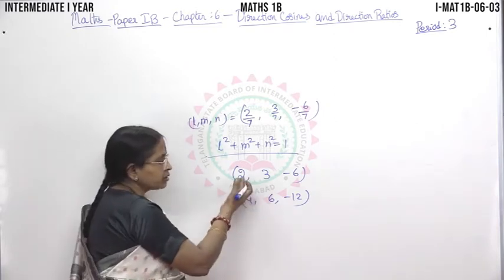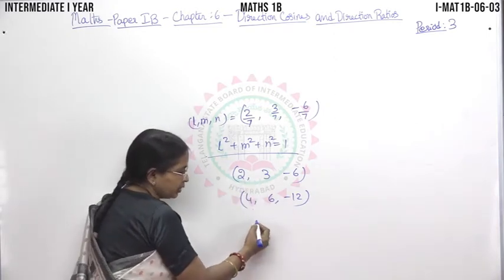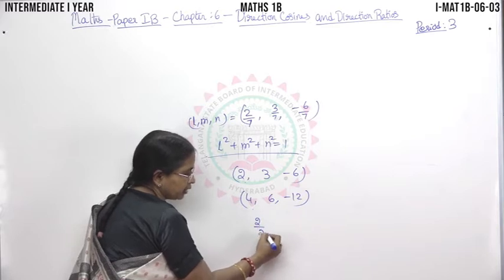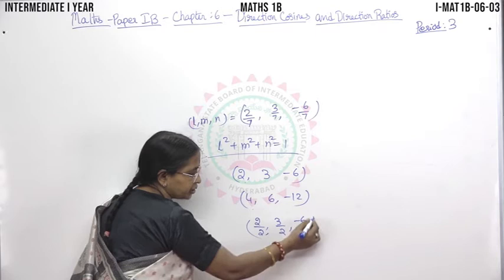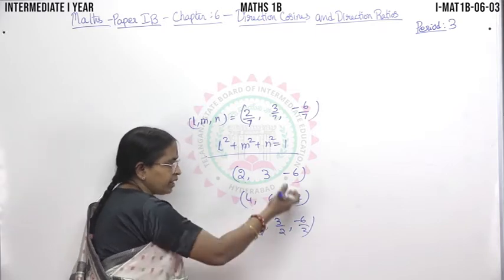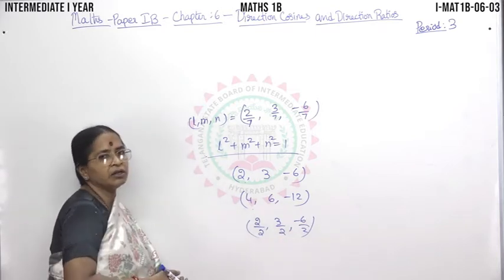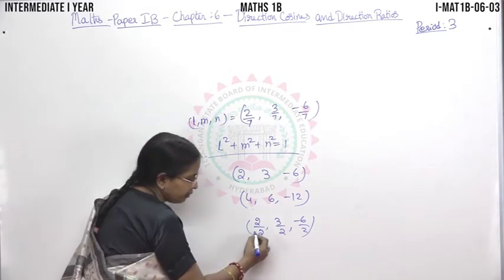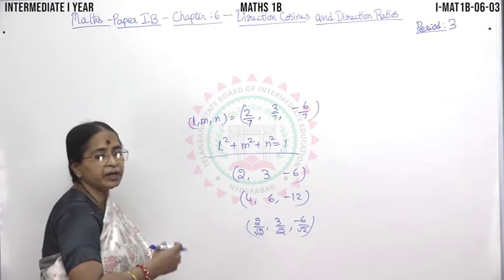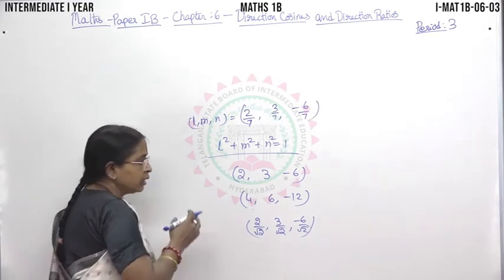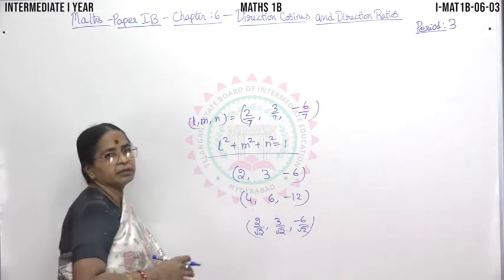Suppose I divide this by 2, then I'll get 2 by 2, 3 by 2, and minus 6 by 2. This is another set of direction ratios. If I divide by 3, or by root 2, I'll get another set of direction ratios. Like this, I'll get an infinite number of direction ratios for one straight line.